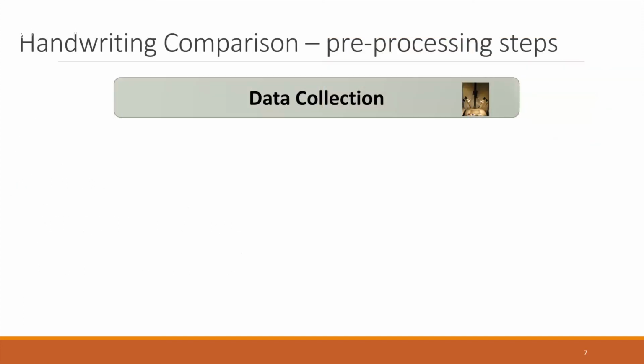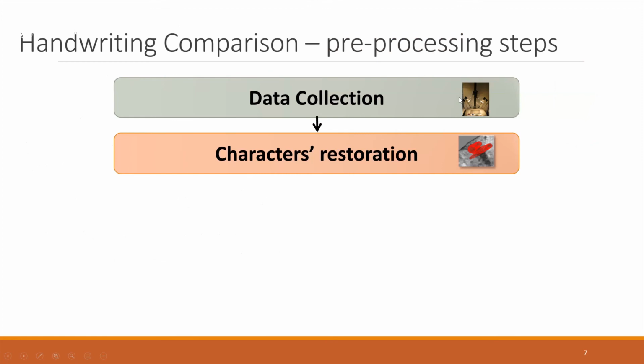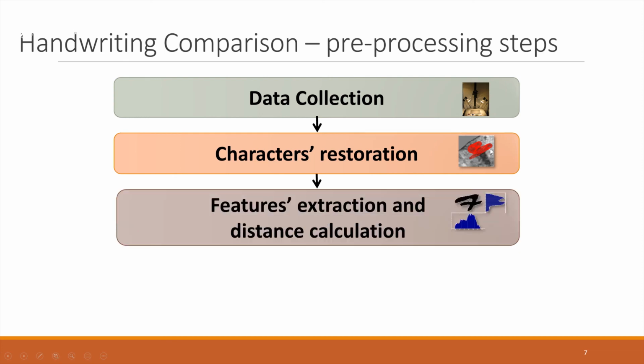So the first step in our procedure was to collect the data, using multispectral imaging or other methods. Later, we performed character restoration, which means we used binarizations and eventually had a semi-manual method which tracks back the writing style of the person that inscribed.